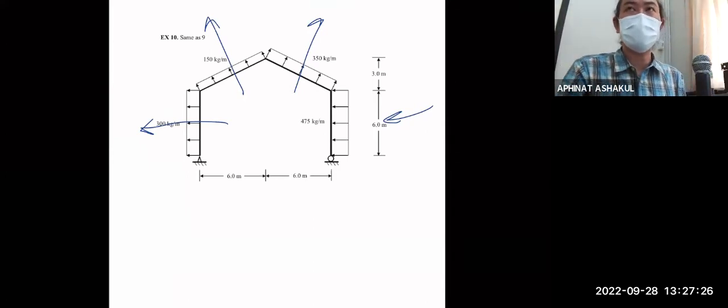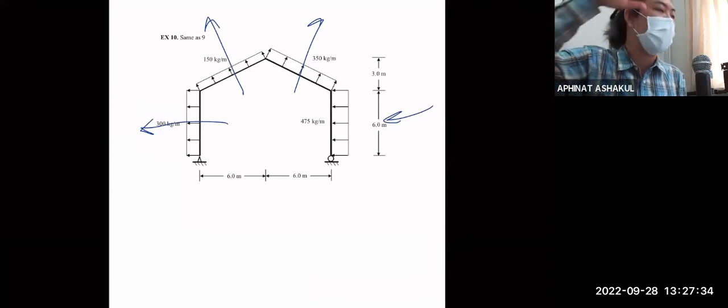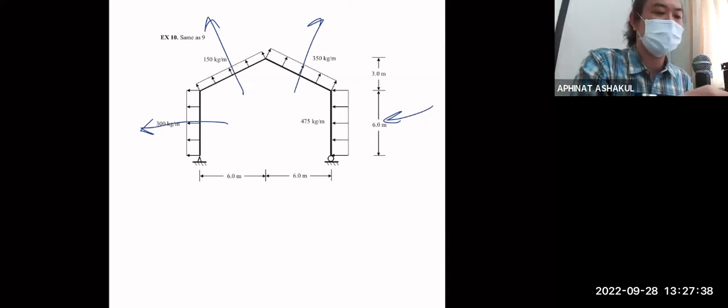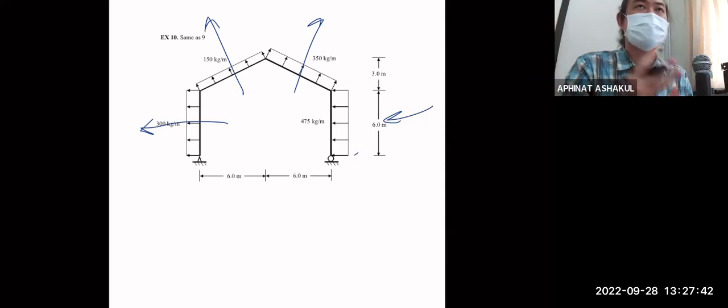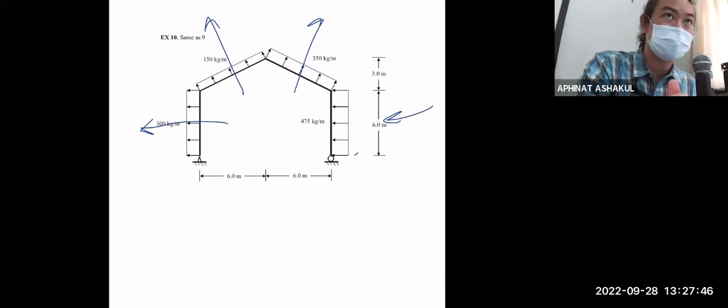Somebody already collected this kind of data for all of us, so there's data of wind speed throughout the country. So you go and look at the building code, you pick up the wind speed, and you can calculate this pressure or the load from wind speed and some other factors. Then you can start applying this load on your structure. Okay, so this is real.